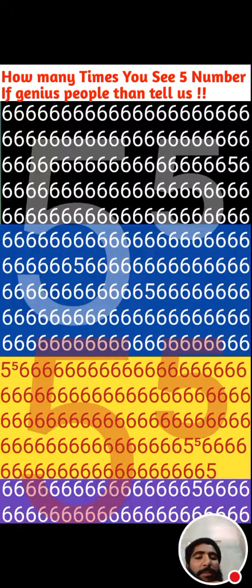This number is also written on the second last row before the last four numbers, becomes 9 times. One time it is written in the title, becomes 10 times. This number is also written 4 times in the backgrounds with larger and smaller sizes. So are you clear that this number 5 is written 14 times?